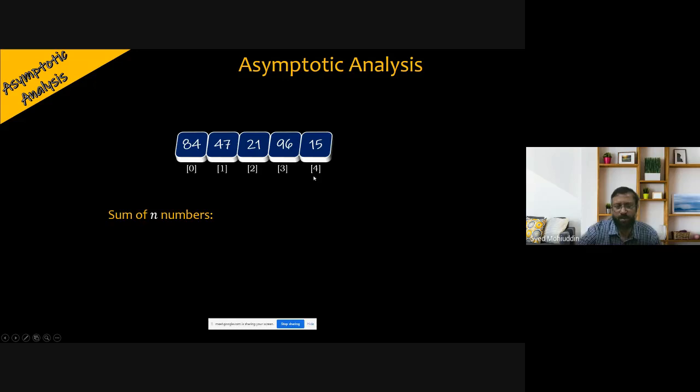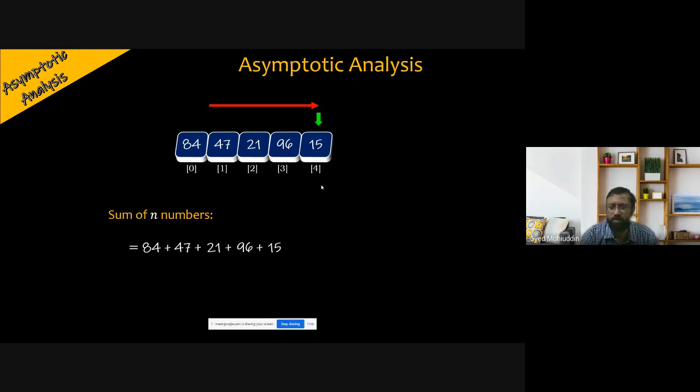So I have 4 or 5 numbers here, and I want to find the sum. If there are n numbers, then obviously I have to find the sum of all n numbers in the collection. I have taken this in an array. So what do we have to do here? Start from the first element, go to the second element, add that element, then the third element, add all the elements.